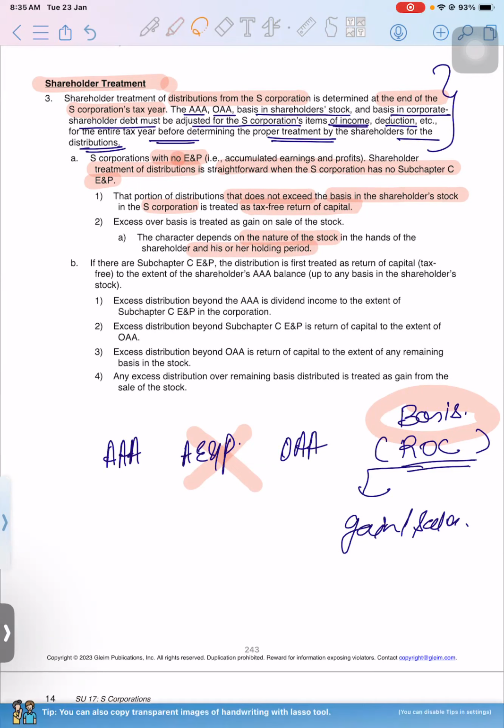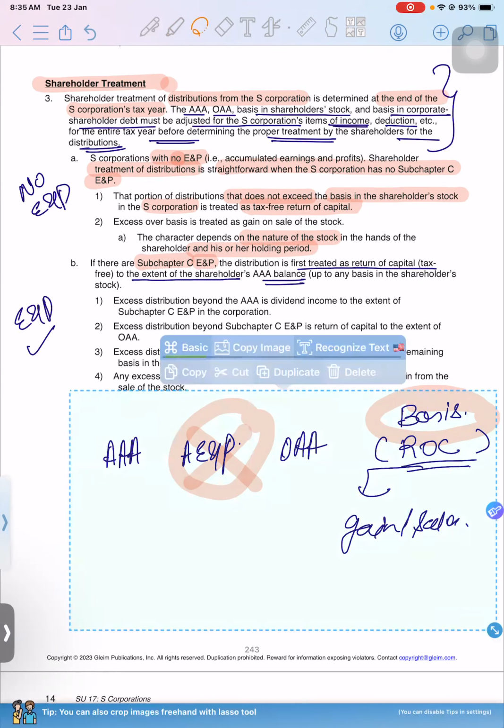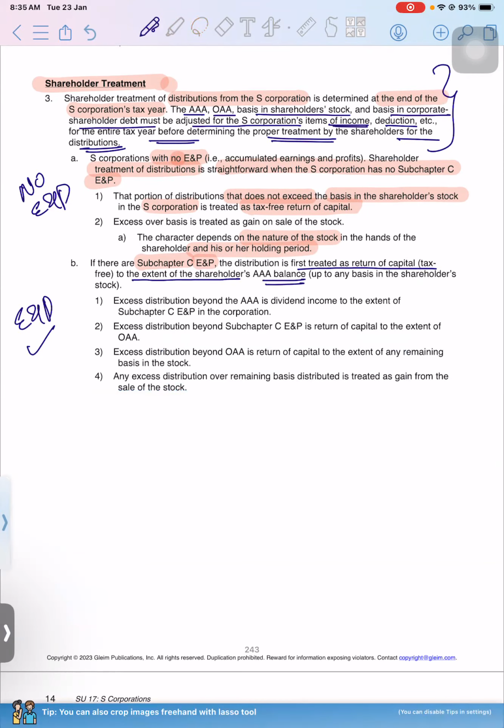Now, if there is a subchapter C ENP, meaning there is accumulated ENP. That was about no ENP; this is about, yes, we have ENP. The distribution is first treated as a return of capital to the extent of the shareholder's AAA balance. Understand the difference, guys. I'm going very slow on this point.